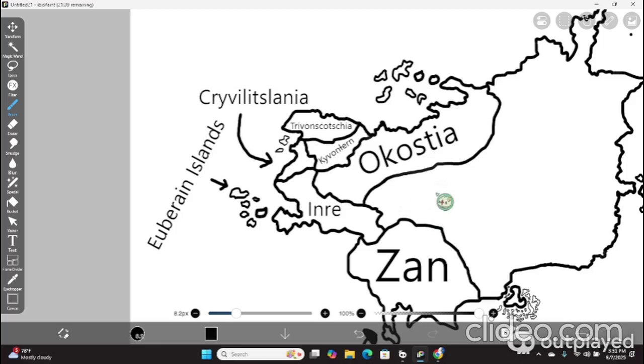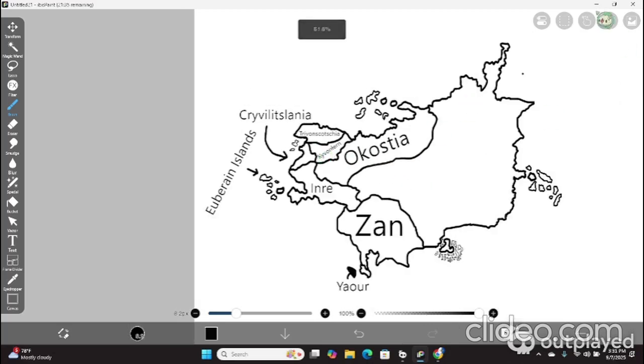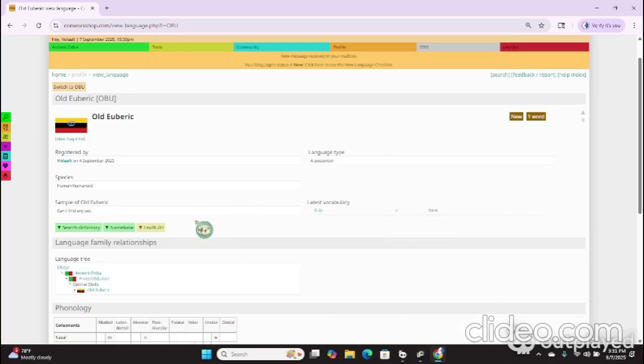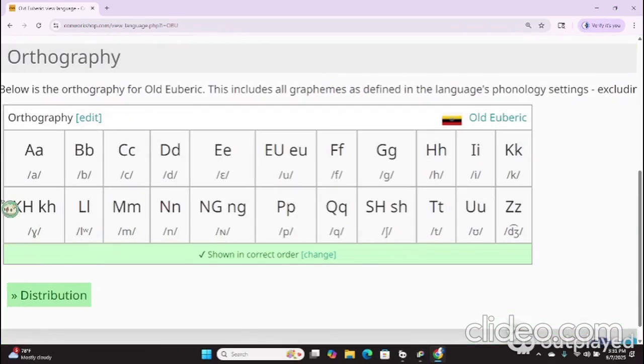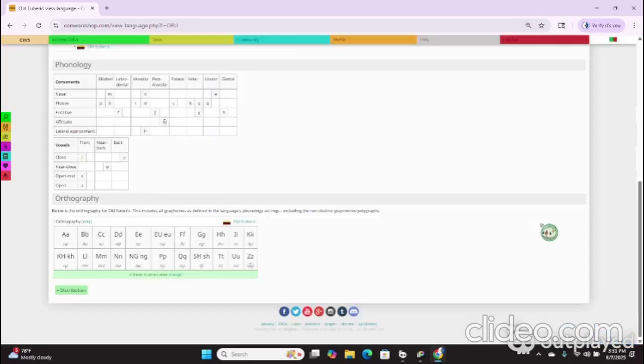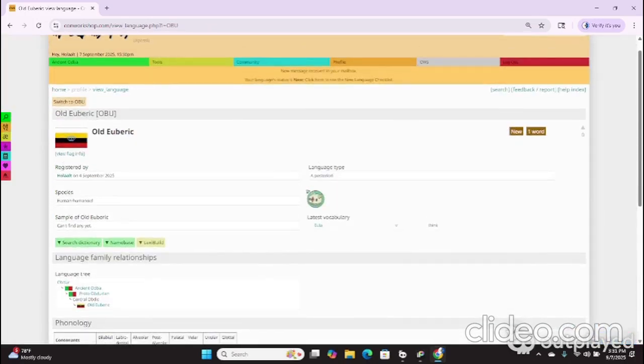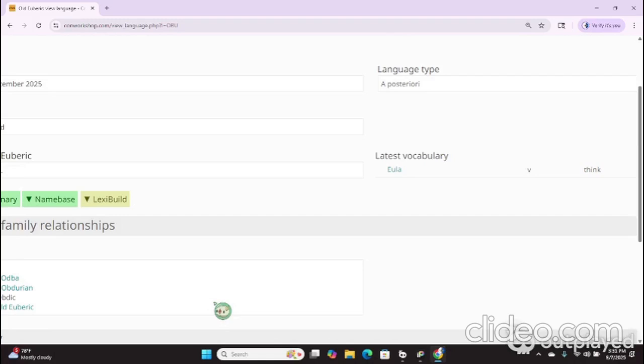So central, and then they moved into what is now Akostia and Githerman, and got to Uber, Old Uber. Very simple and small phonology with no tones. It has a, b, d, e, u, f, g, h, k, l, m, n, ng, p, sh, t, and j. No words so far at first, except ulua.